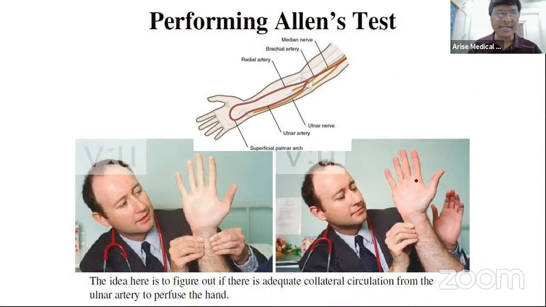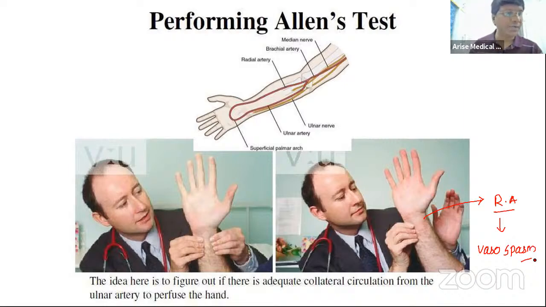Now in arterial blood gas analysis, what you will do, you will puncture the radial artery. When you puncture the radial artery, what happens? The radial artery can go into a state of vasospasm.